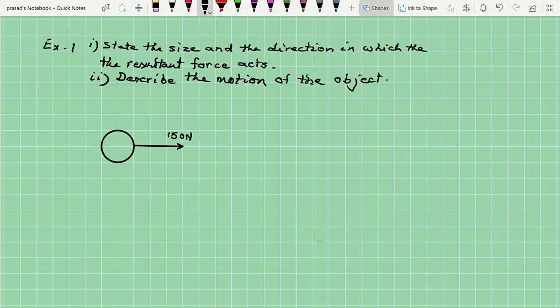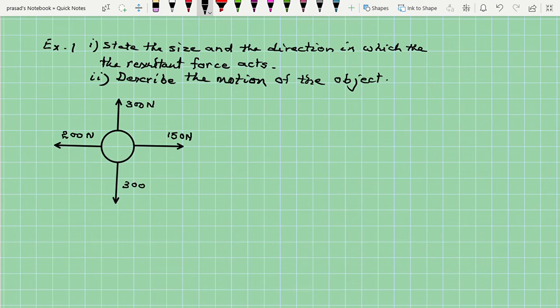Another force of 200 Newton is acting towards the left. A third force of 300 Newton is acting vertically upwards, and a fourth force of again 300 Newton is acting vertically downwards.